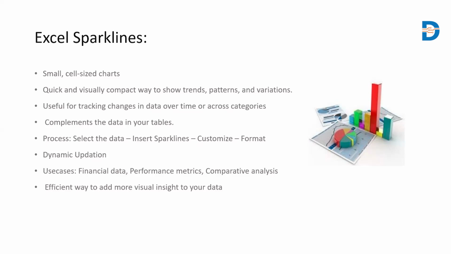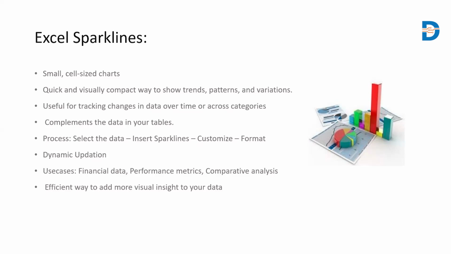Once you select and create a Sparkline, it gets dynamically updated according to the data changes in your column. Usually we use Excel Sparklines when you have financial data, for example profits, where profits are usually positive and losses are usually negative.